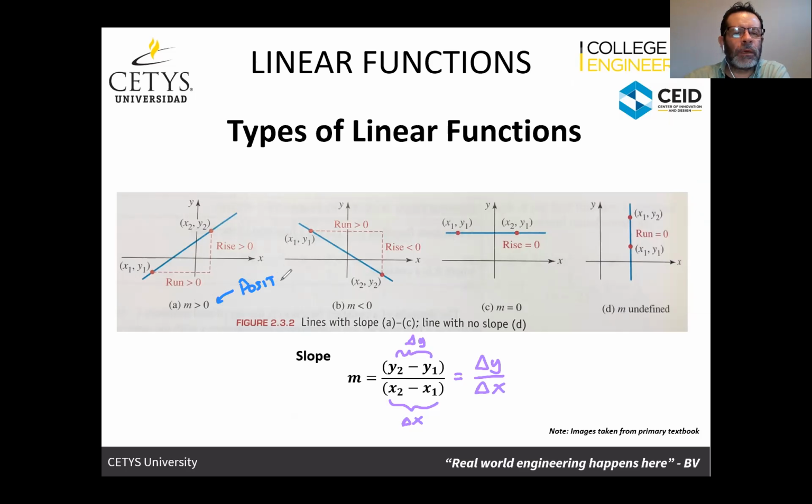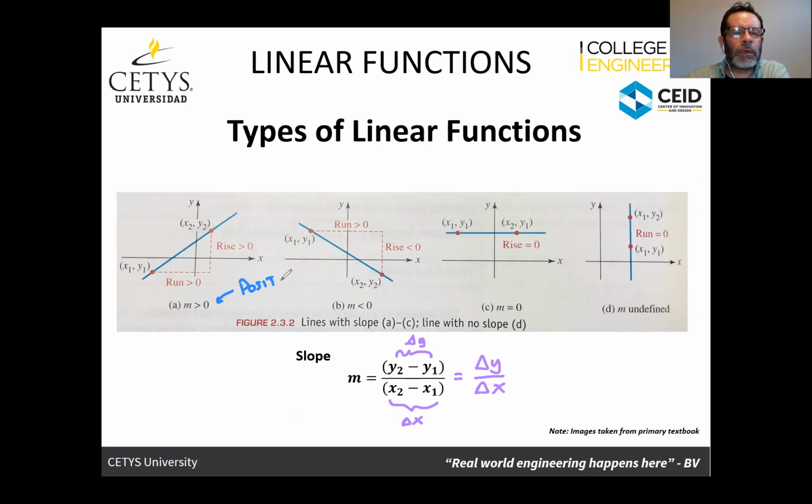If m is negative, we're going to see a slope that goes towards minus infinity, and it's going to be slanted towards the negative part of the x-axis.